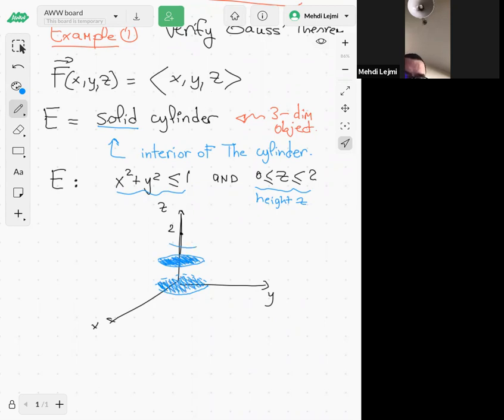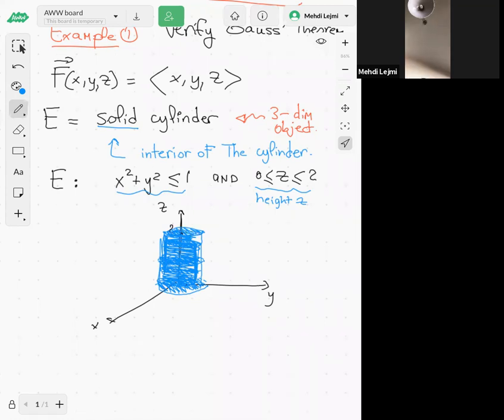So it's going to be inside of all these circles. This is another circle here, at z equals 2, etc. If you take the union of the inside of all these circles, it's going to be the inside of your cylinder.